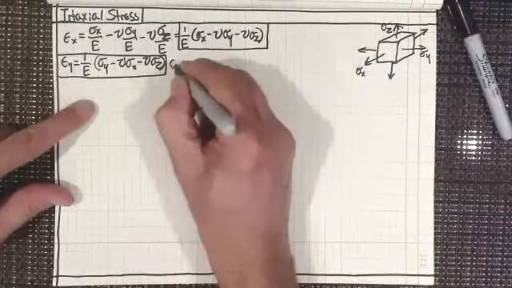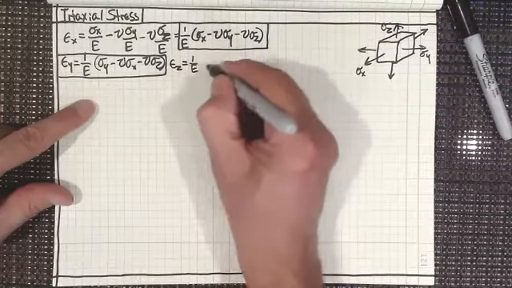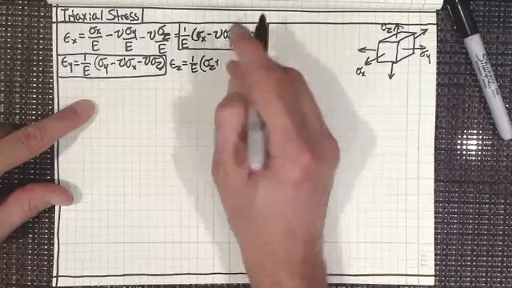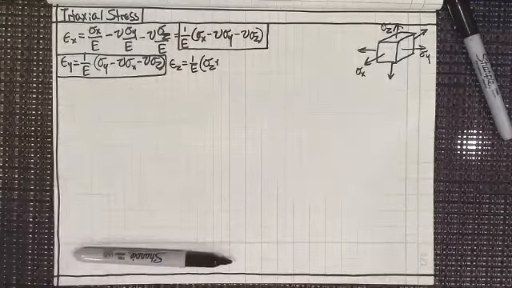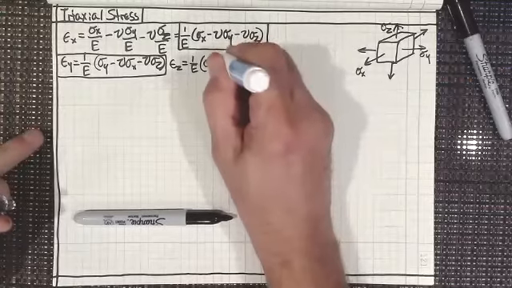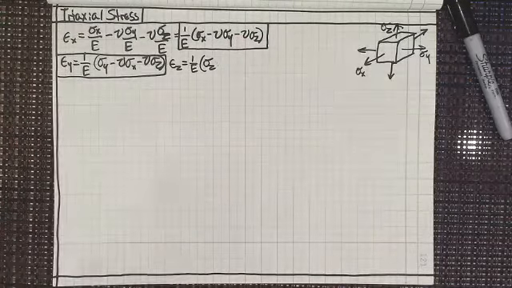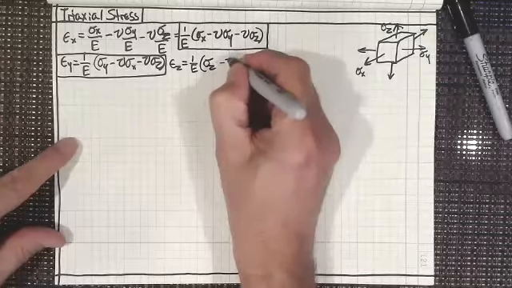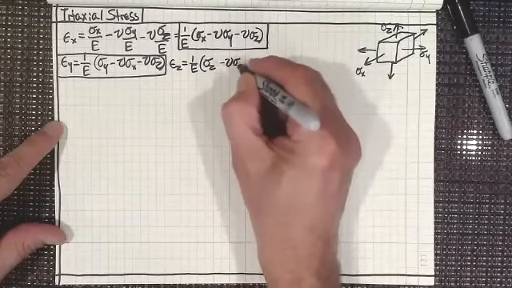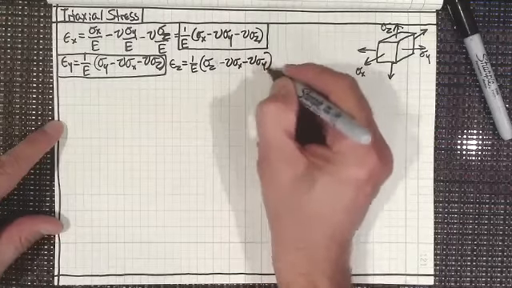And then the strain in the z direction, of course, is just going to be 1 over E times sigma sub z, minus Poisson's ratio times the stress in the x direction minus Poisson's ratio times the stress in the y direction, right?